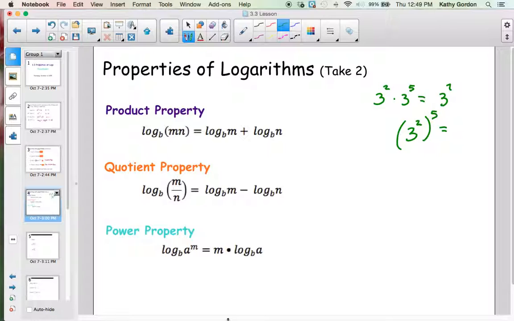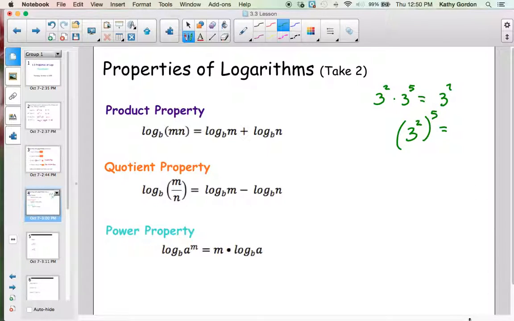So again, that connection between logarithm and exponential permeates the whole thing. And if you can see those connections, it's going to make understanding all of this a lot easier. What's the connection for the power property? What do I do if I take an exponent and raise it to another exponent? I multiply them.